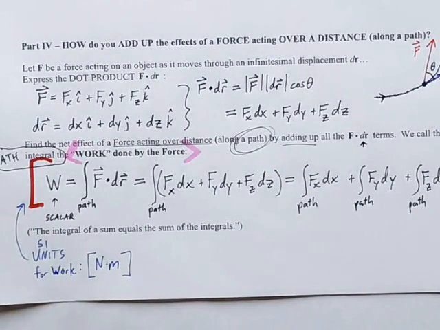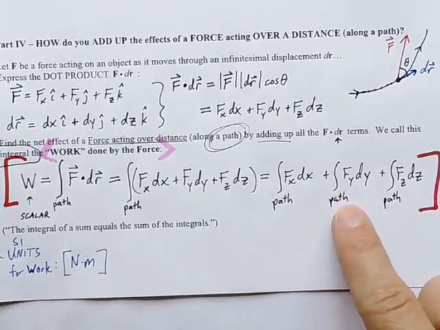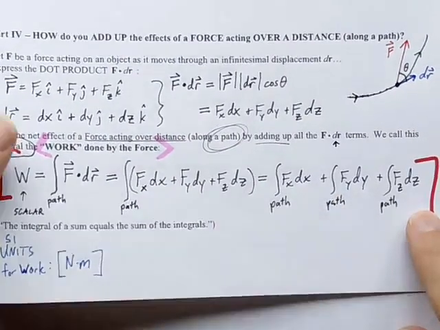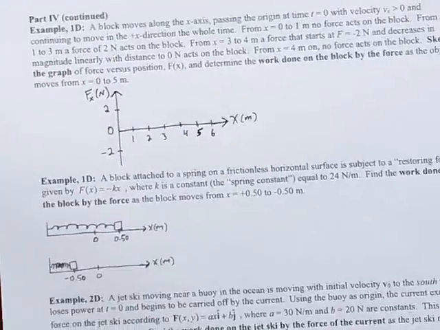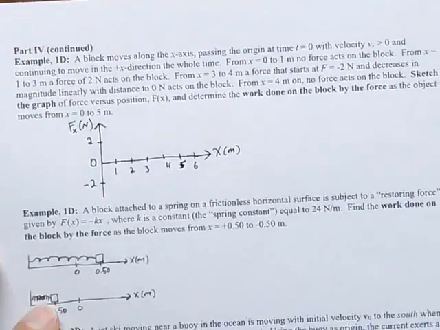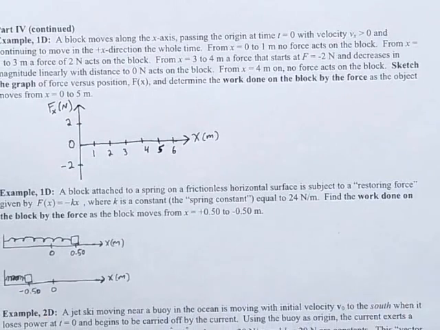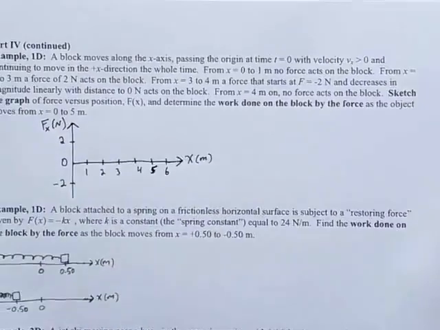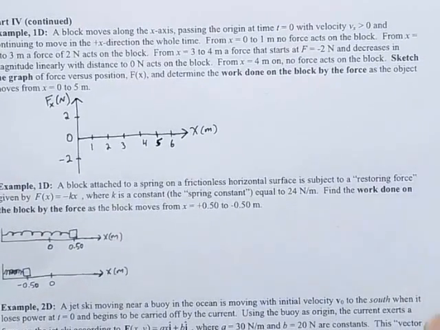Okay, let's apply this to a number of different scenarios and instances. There are different ways we can see this coming into play. So our first example here, this one-dimensional example, for a block moving along the x-axis.